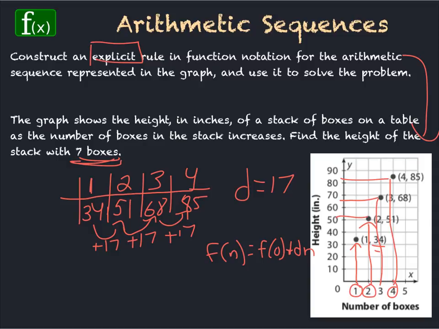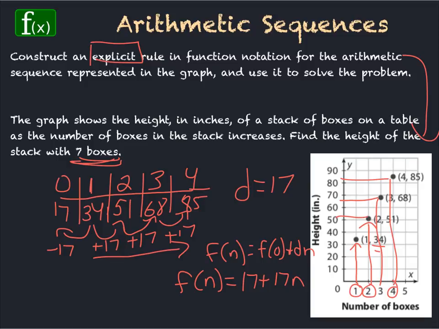First we need to figure out what f of 0 is. If we're adding 17 every time, going backwards we would have to subtract 17. So f of 0 would be 17, right? So the general explicit rule for this sequence is f of n equals f of 0, which is 17, plus our common difference, which is 17, times n.